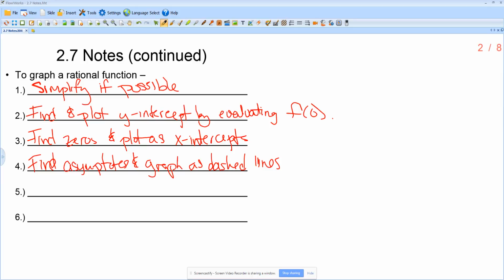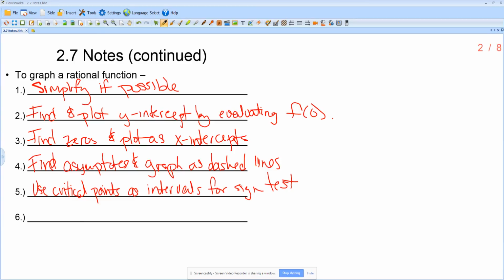Next, we use critical points as intervals for sign tests. So use critical points, and we'll talk about what that means, as intervals for sign test.